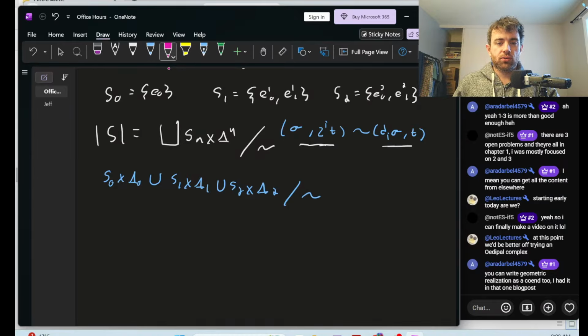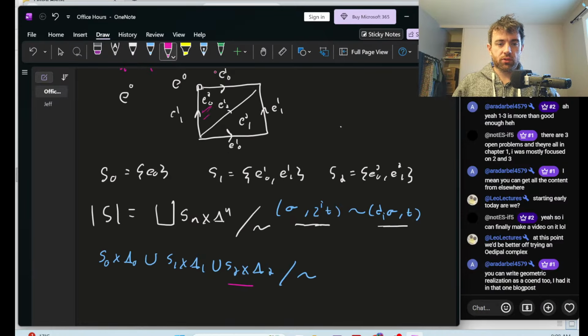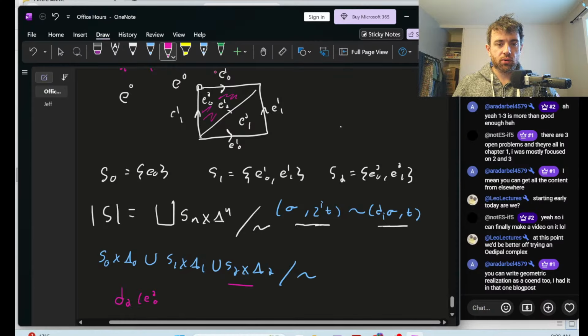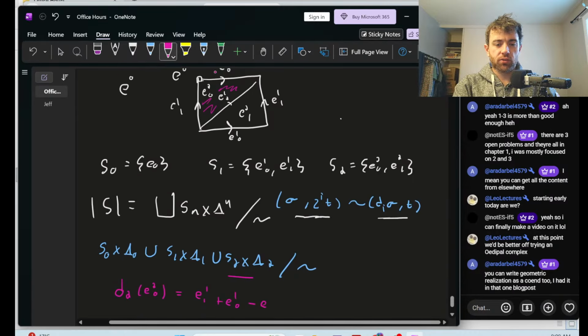Right, but what do we need to do here? So I guess we'll start at the top and move down. What does this say? So what is E2 0, for example, is this whole region. And so D2 of E2 0, I guess, is what? It's the boundary. So I guess we call it E1 1 plus E1 0 minus E1 0, the upper index, right, minus E1 2, for example.